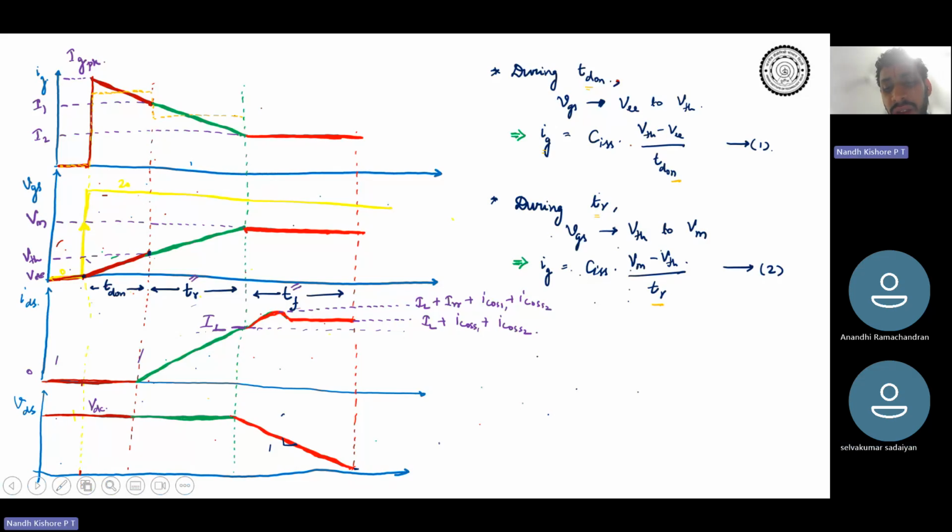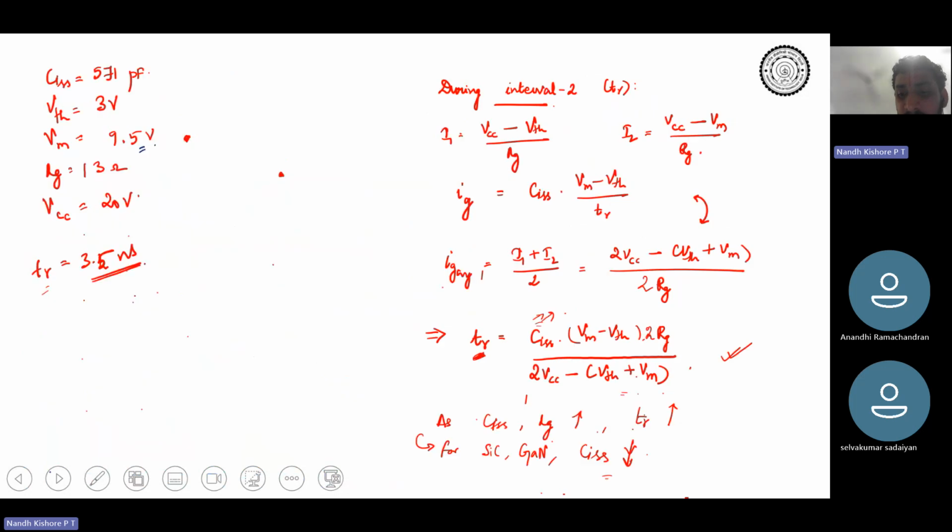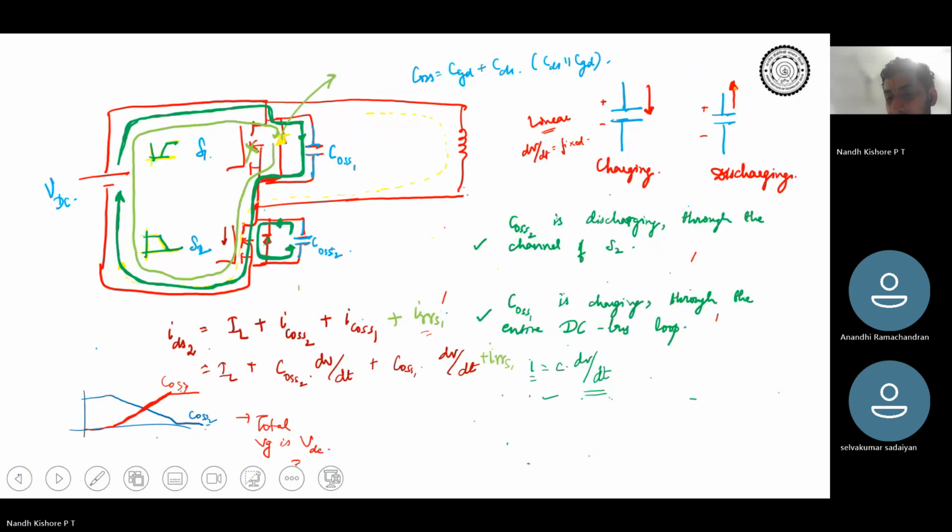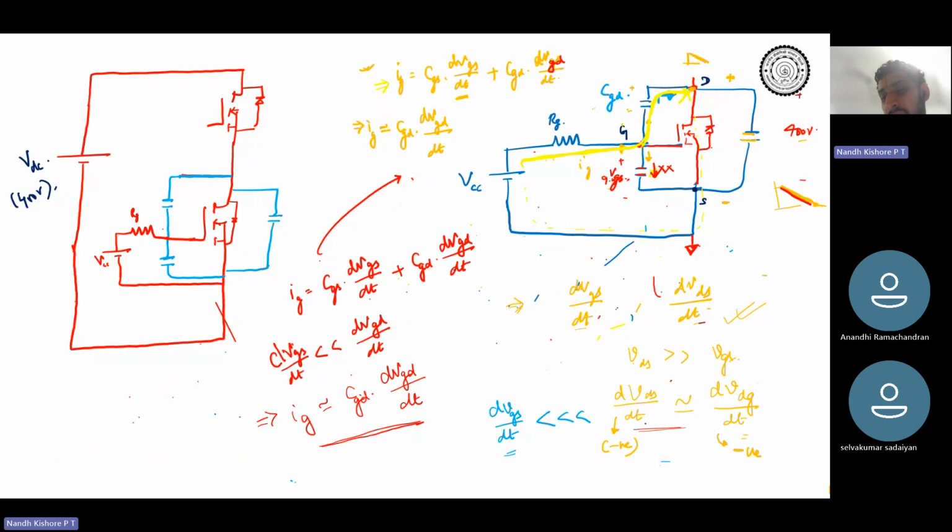So we have seen two intervals. One is current rise. Next, there was voltage fall. We have seen the assumptions as well, right? During the voltage fall period, dVds by dt is much higher. Compared to that, at 400 volts, your gate source voltage is very small.